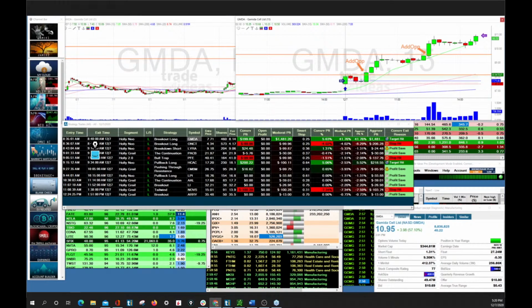Let me get my pen active. So check out Holly's entry time in conservative mode and exit time. All right, this is classic. It's using the trade slightly less than 5 minutes. You can barely see the risk or the time spent in the trade in conservative risk.